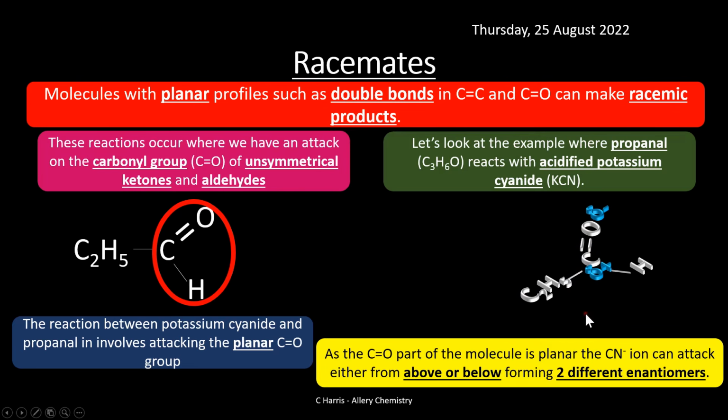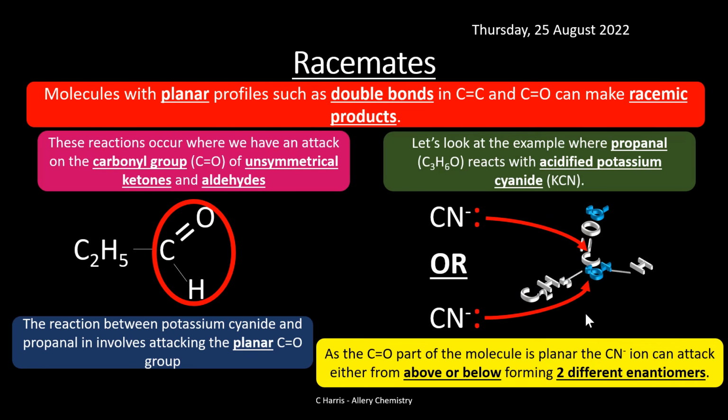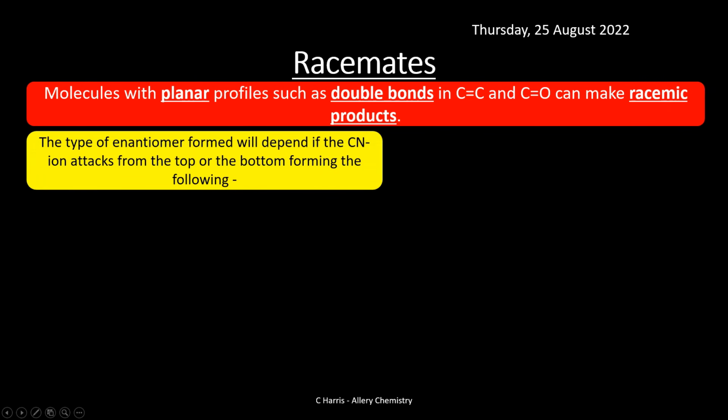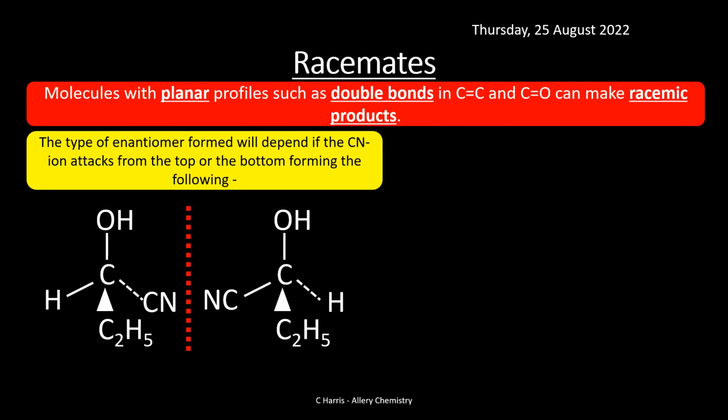And what it can form is two different enantiomers. It's equally likely to form from the top or below in this example. So the type of enantiomer formed will depend on whether the CN minus attacks from the top or the bottom, and we're going to form the following.